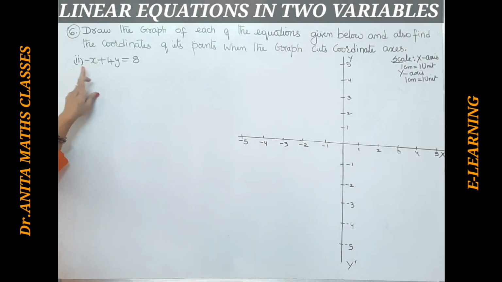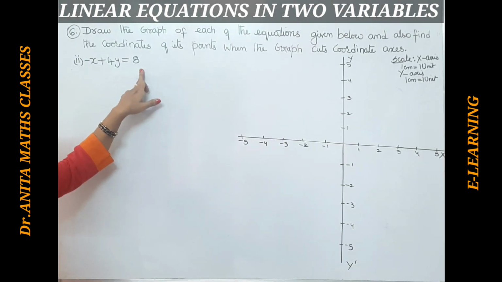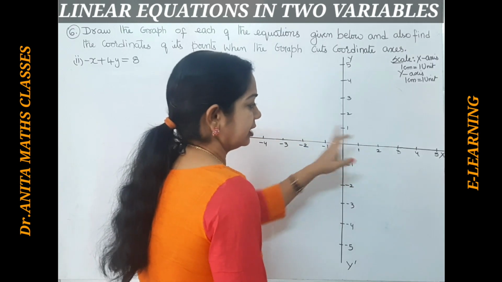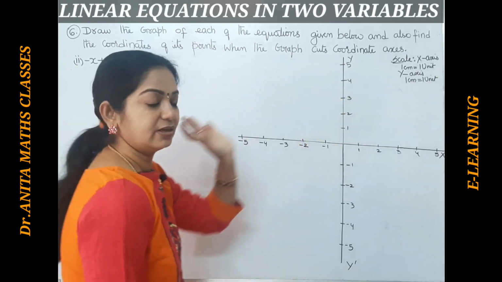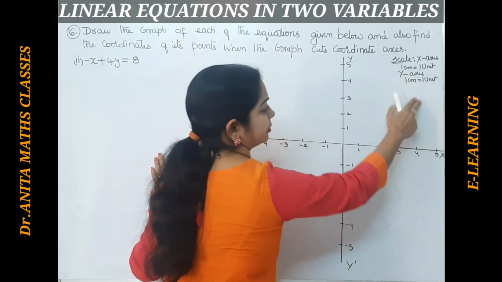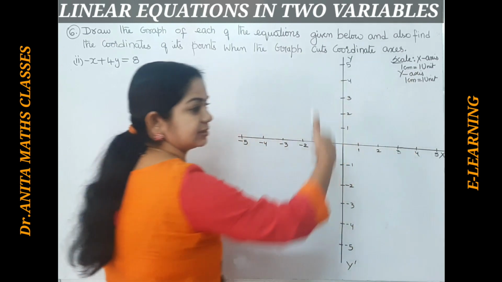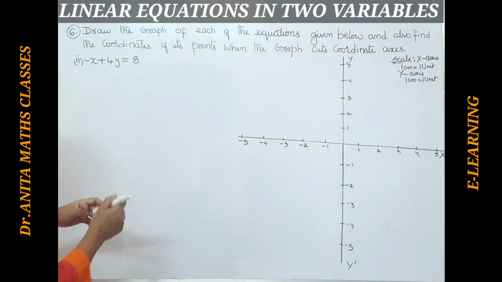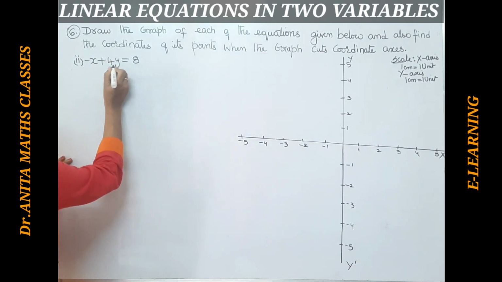Now the second one I have noted down: minus x plus 4y equals 8. I have also drawn the coordinate axis and mentioned the scale. We are taking the scale throughout as 1 centimeter for 1 unit, in the x as well as in the y axis. Now to plot the graph, let me draw the tabular column.